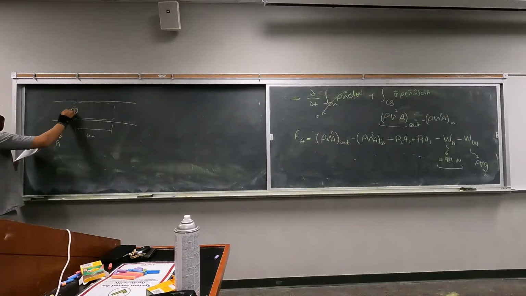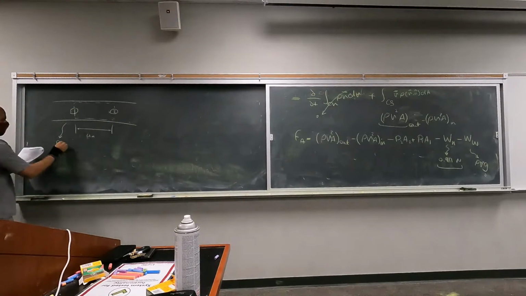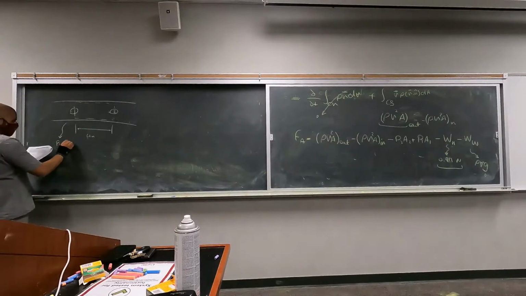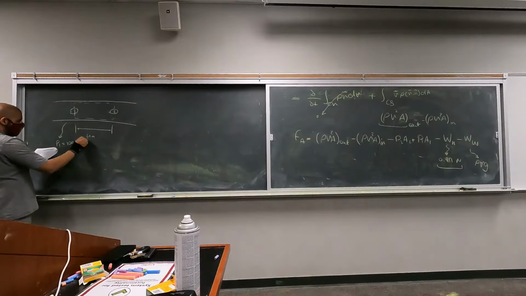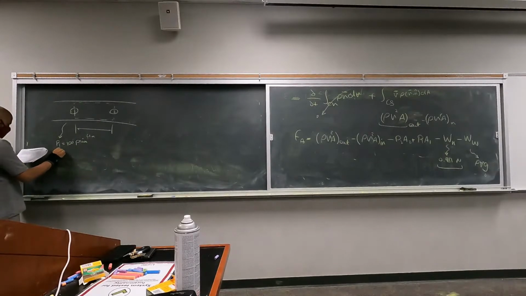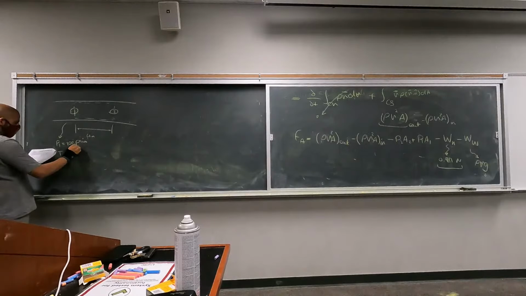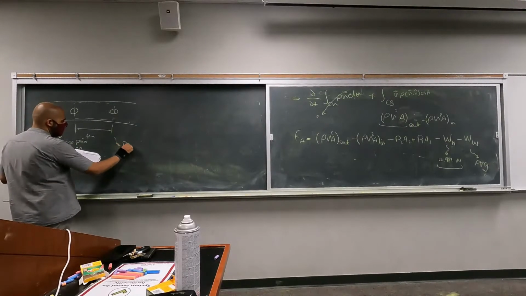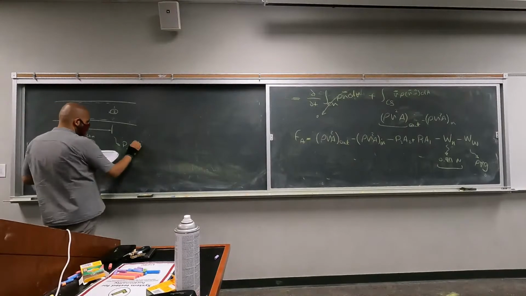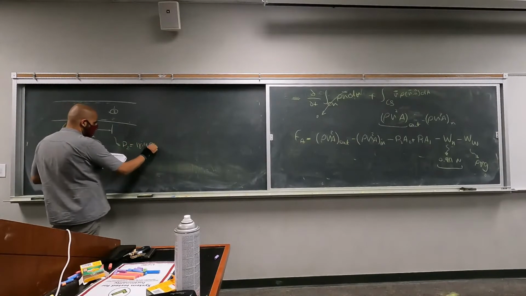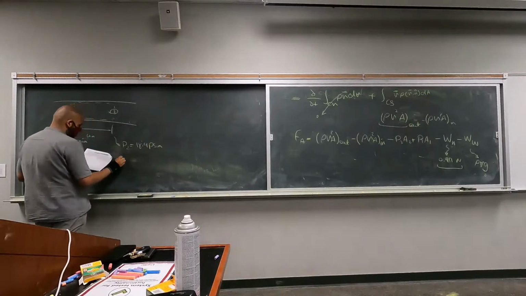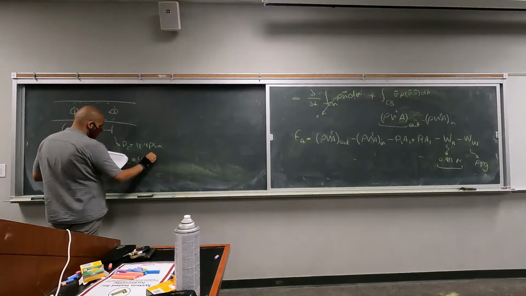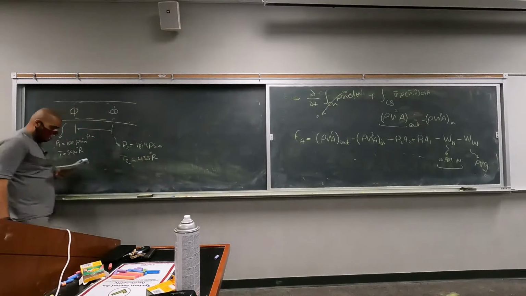At cross-section 1, P1 is 100 psi, and T1 is 540 Rankine. At cross-section 2, P2 is 18.4 psia, and T2 is 453 degrees Rankine.